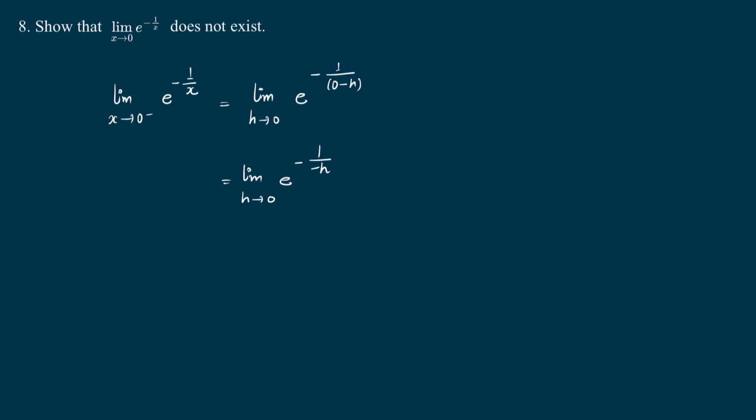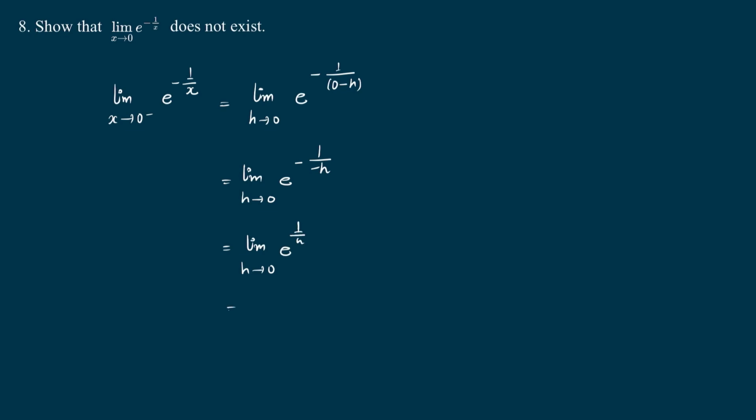Number 8. Show that limit x tends to 0, e to the power minus 1 over x does not exist. Left hand limit here, limit x tends to 0 minus e to the power minus 1 over x equals limit h tends to 0 e to the power minus 1 over 0 minus h, and this will be equal to limit h tends to 0 e to the power minus 1 over minus h, and this will be equal to limit h tends to 0 e to the power 1 by h.